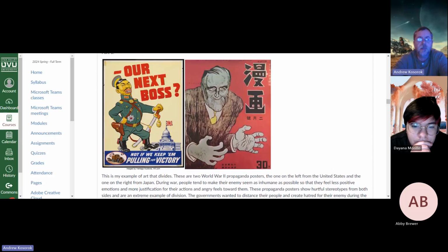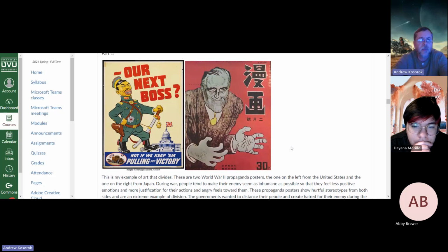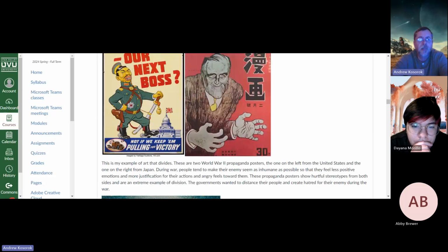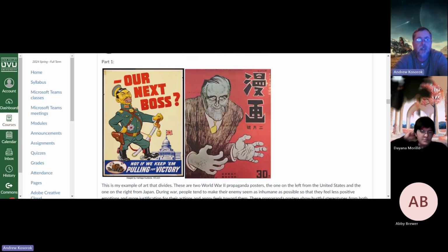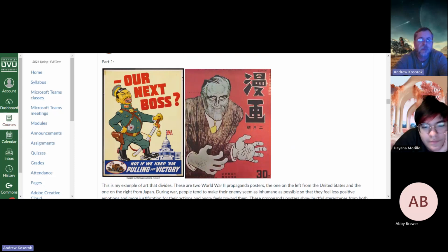And I love this comparison that this person did, Madison, because you can see that both governments are doing the exact same thing for their people, which is trying to dehumanize and turn the governmental enemy into a monster rather than human beings.